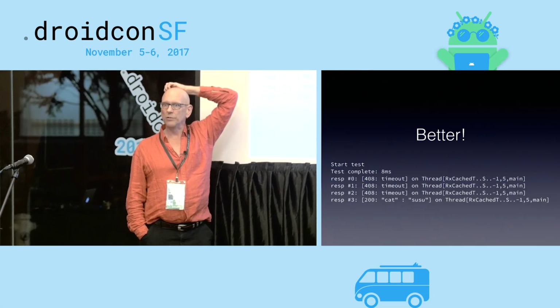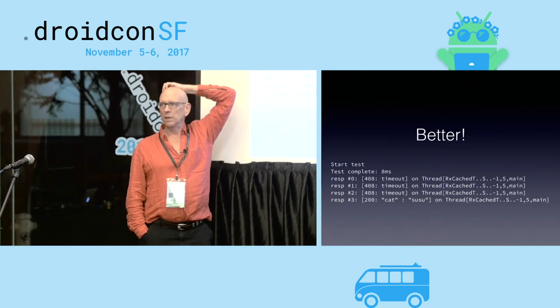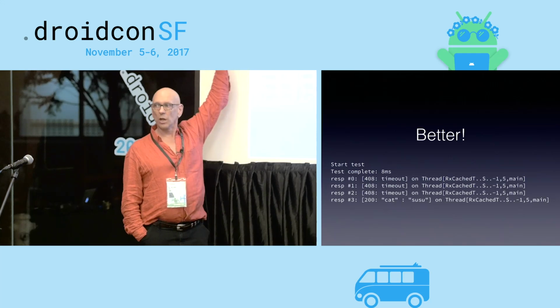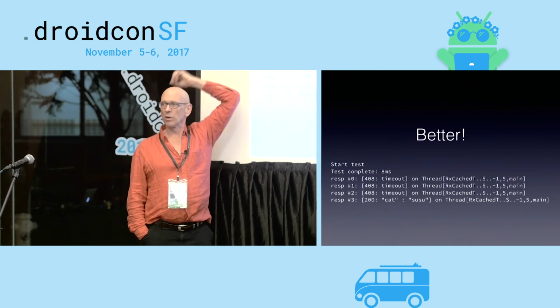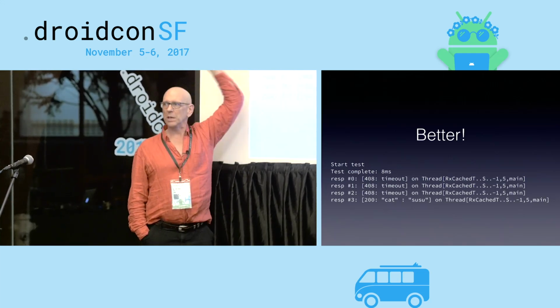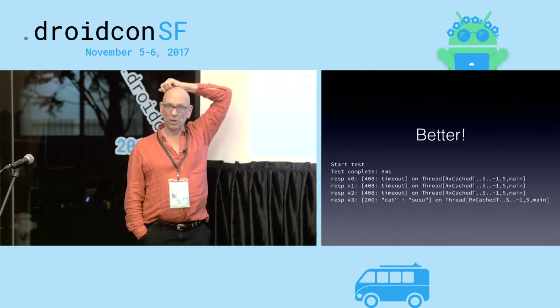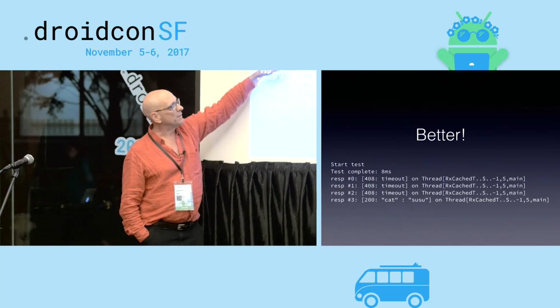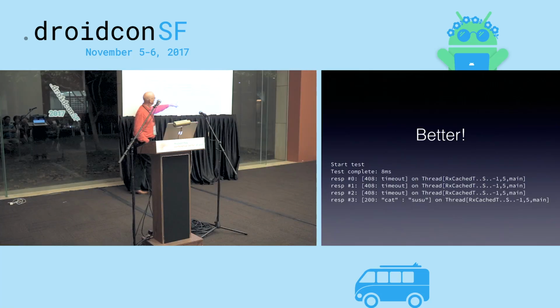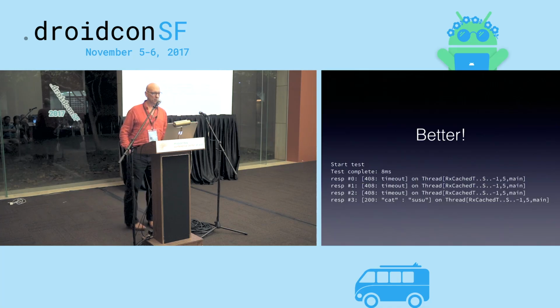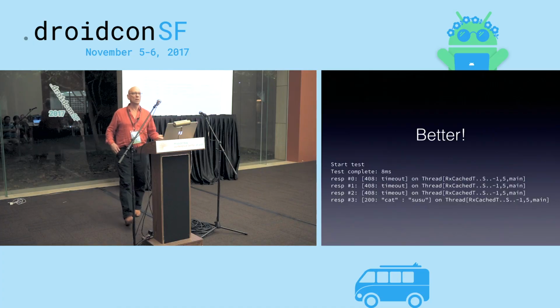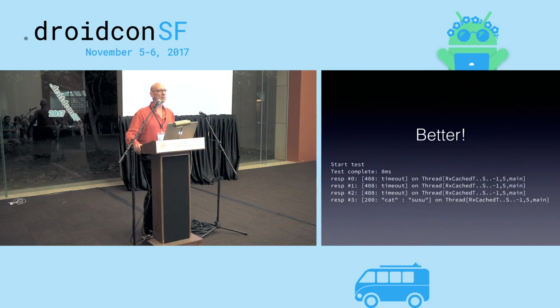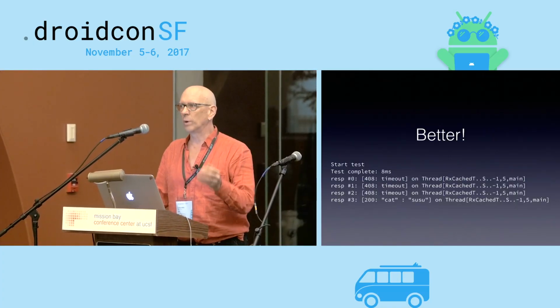What's happening is the new observable is calling the other thing on this new worker thread and returning immediately. Perfect. The test completes in 8 milliseconds. Then these things happen just as we hope they would on some other thread. Perfect. Unfortunately, this last response is still on that worker thread, right? And so we can't, for instance, update a view.